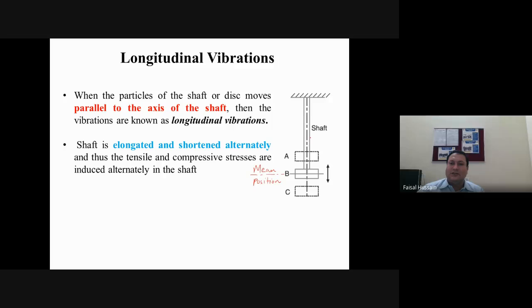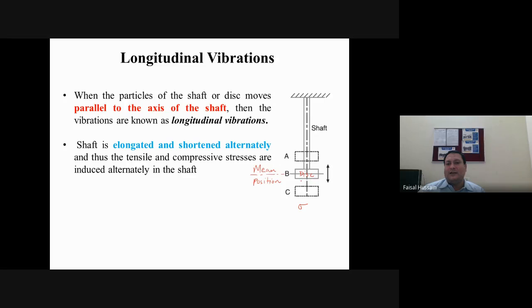In this figure, this is your shaft and this is your disk. When the particle of the shaft or disk moves parallel to the axis, the axis being vertical, the vibrations set up are known as longitudinal vibration.